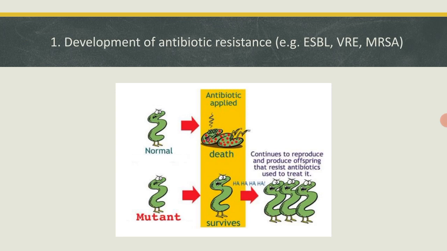And so if we now apply the same antibiotic to that mutant cell, it will resist the effect, and therefore it will continue to infect and continue to multiply. That we call antibiotic resistance: it will continue to reproduce and produce offspring that resist the antibiotics used to treat. Okay.